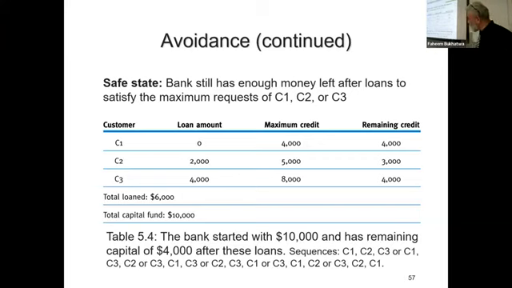So here's an example. There are a number of customers, and they ask for a number of loans. This is the maximum credit they asked for: 4,000, 5,000, 8,000. This guy already got 0, this guy already got 2,000, and this one 4,000. Is this system in a safe state or not?